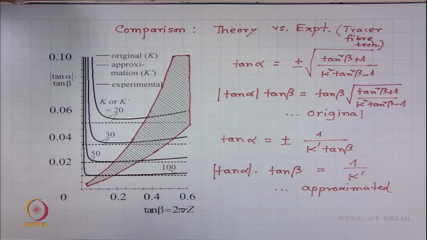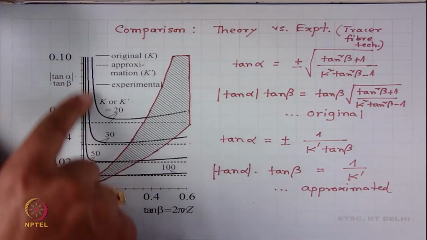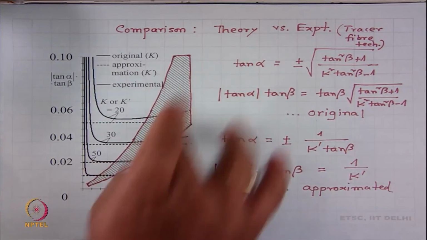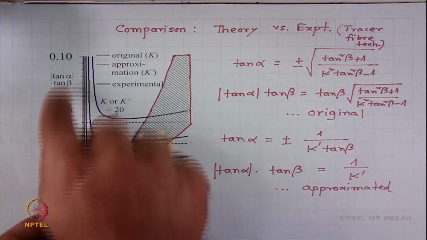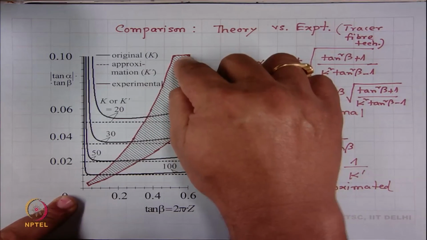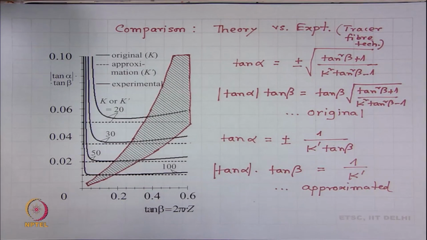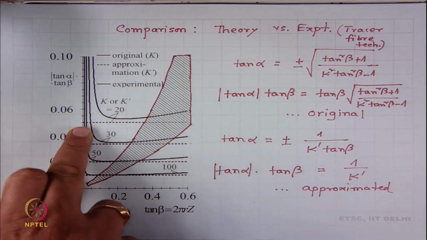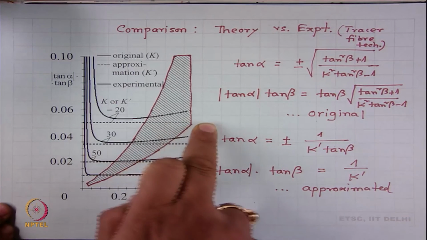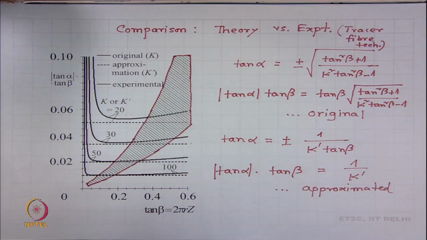Morton's tracer fiber technique. What we see is that there is a complete mismatch between the theoretical results and the experimental results. For the experimental results, when tangent of beta is increasing, this function is increasing. However, the theoretical results, the original one, decrease then increase, and the approximated one is constant. So, there is a complete mismatch between theory and experiment.